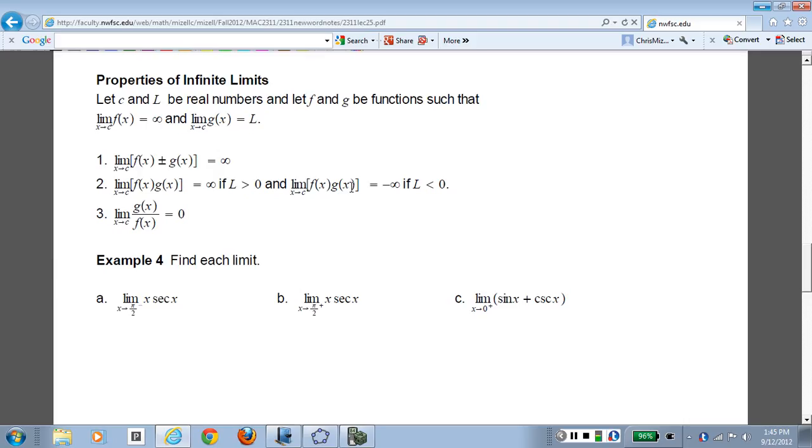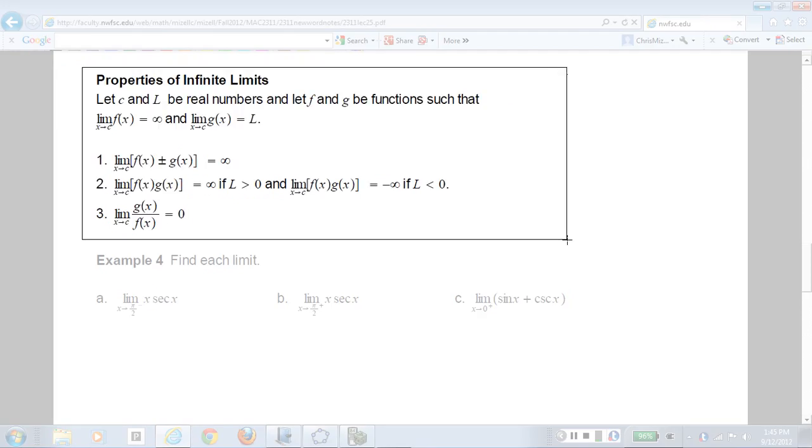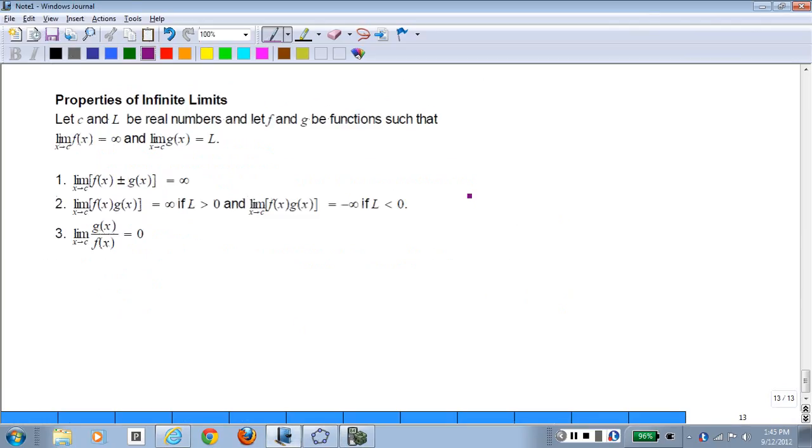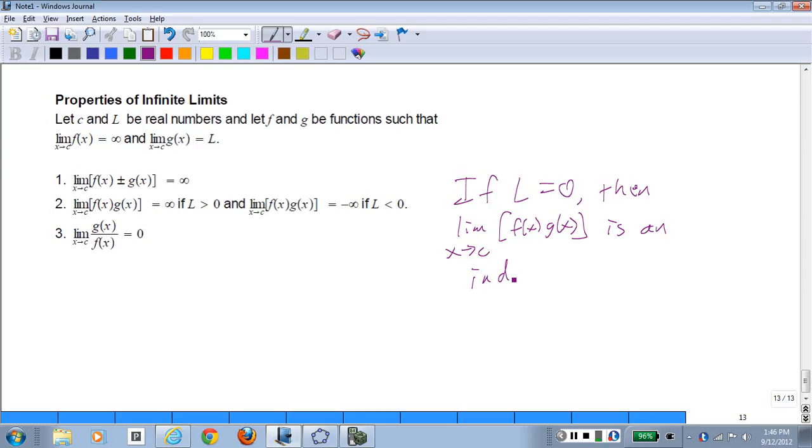Now, if L equals 0, then the limit of f of x times g of x as x approaches c is an indeterminate form.